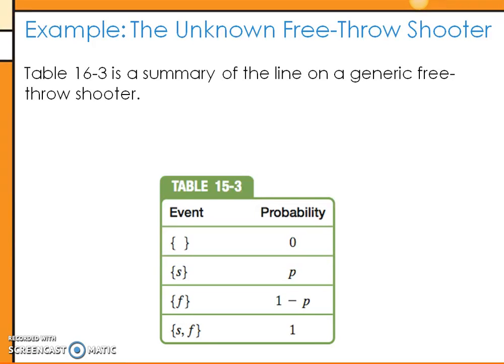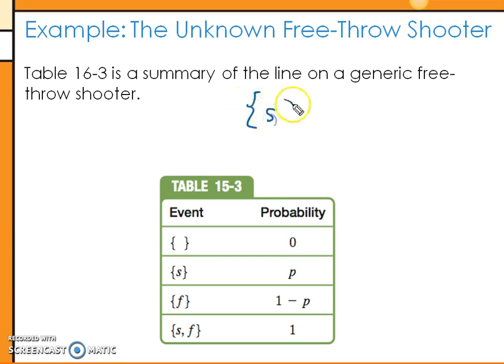The least they could have, if they don't make any, is a chance of 0, and if they make them all, the chance is 100% or 1. So let's say the probability that they make the shot, which we'll call S, with F for fail, is 70%.